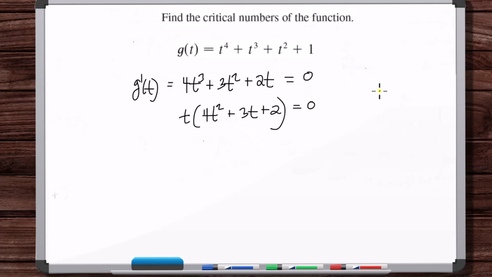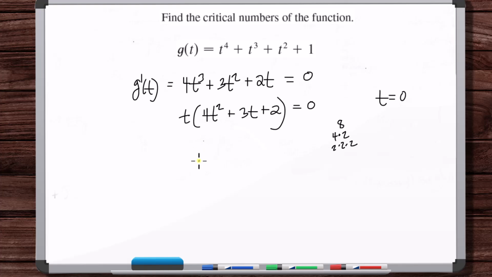So t equals 0 is a critical number. Now, can we factor this? We've got 8. 4 times 2 is 8. 2 times 2 times 2. So we can't factor it.